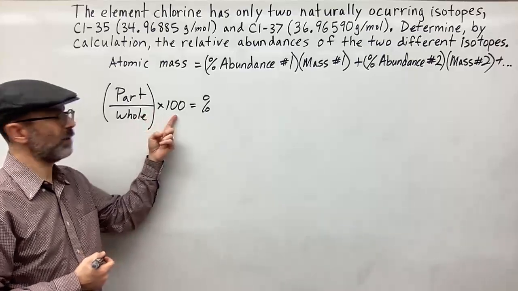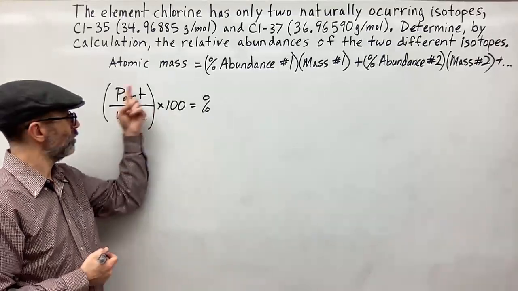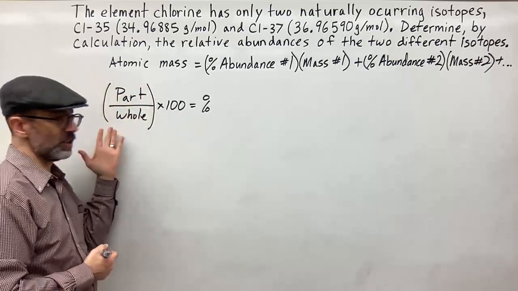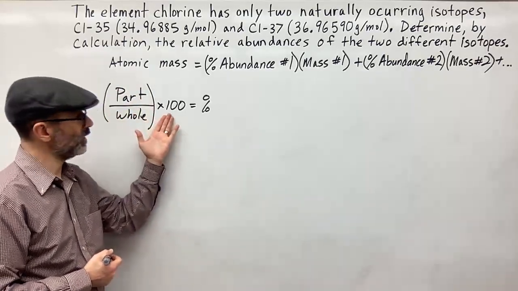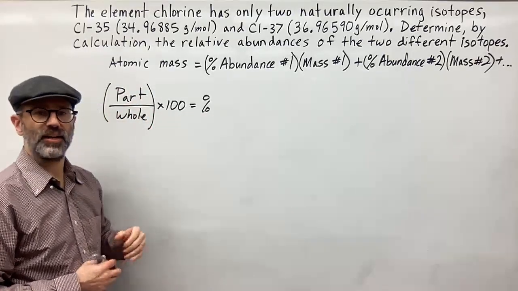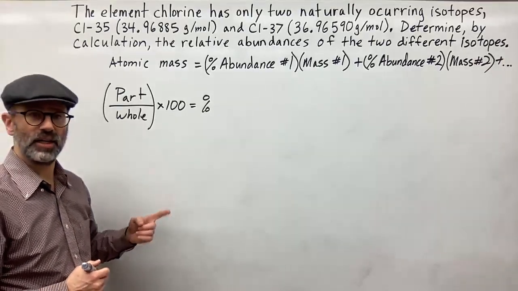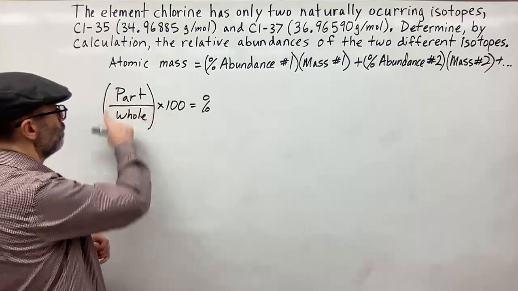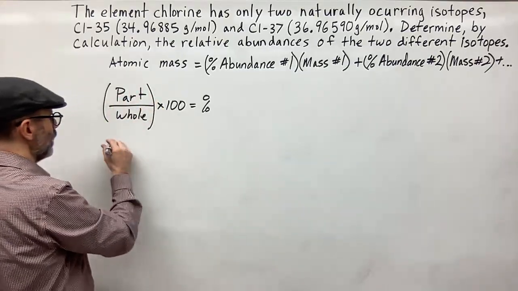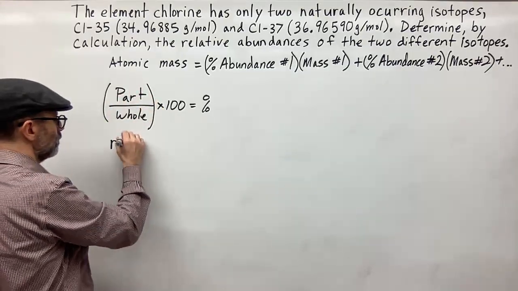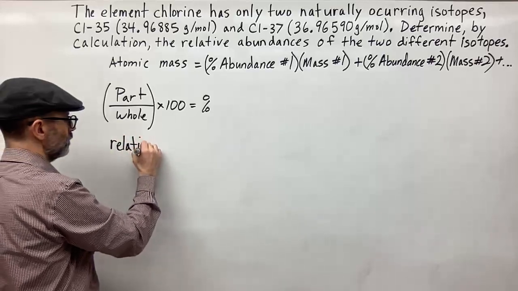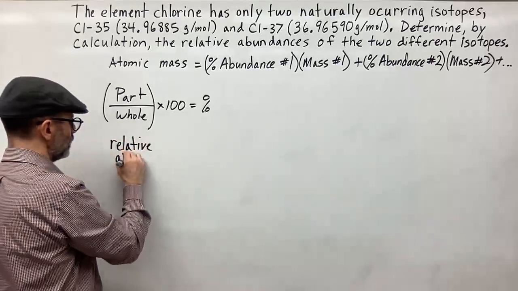If you multiply the relative abundance by 100 to get the percentage, then you've got to divide the percentage by 100 to get the relative abundance. So this is relative abundance.